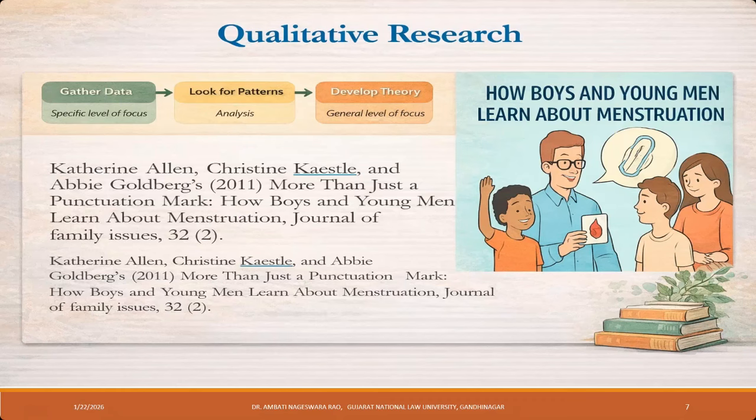If I want to understand the motivational factors influencing entrepreneurs to launch their own ventures, I'm going to conduct a case study. If you want to understand how a person suffering with breast cancer copes with this phenomenon, the process of coping, I'm going to conduct grounded theory.